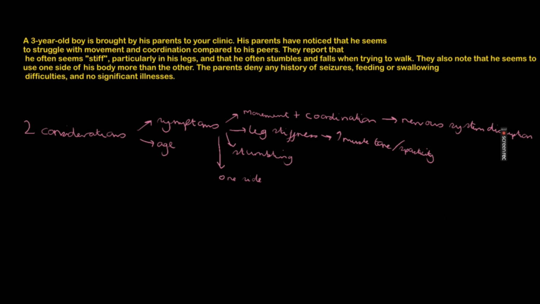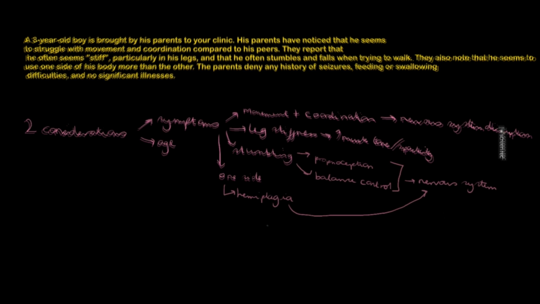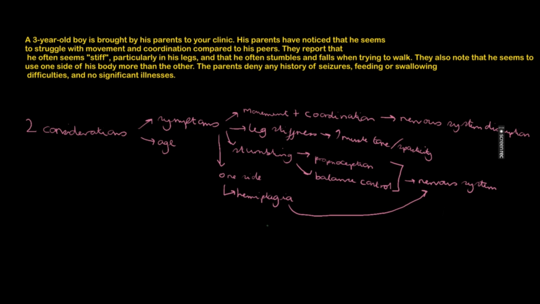Movement is controlled by the signals from the brain and muscles, so an abnormality, in this case spasticity, can indicate that there is an issue between these two signaling, and that can lead to involuntary muscle contractions, which this child is exhibiting. Another indication that there may be some abnormal signaling between the brain and muscles is the difficulty in maintaining balance and stumbling quite often.